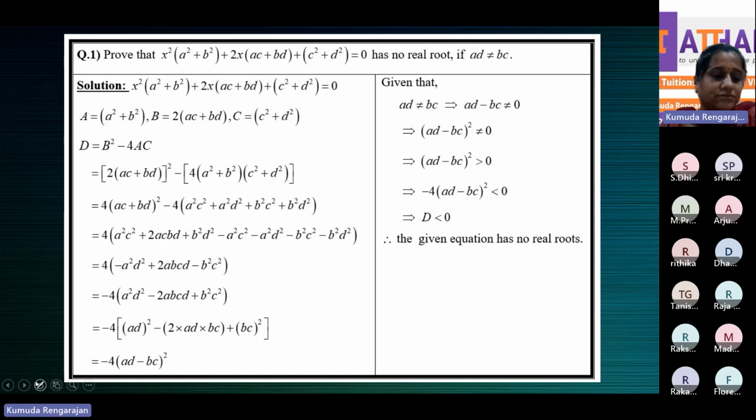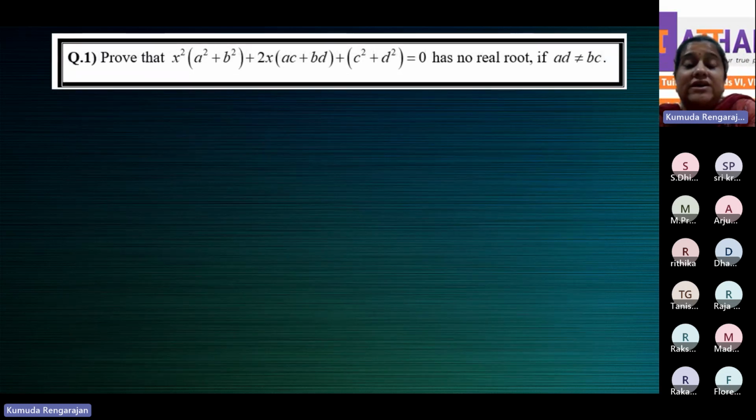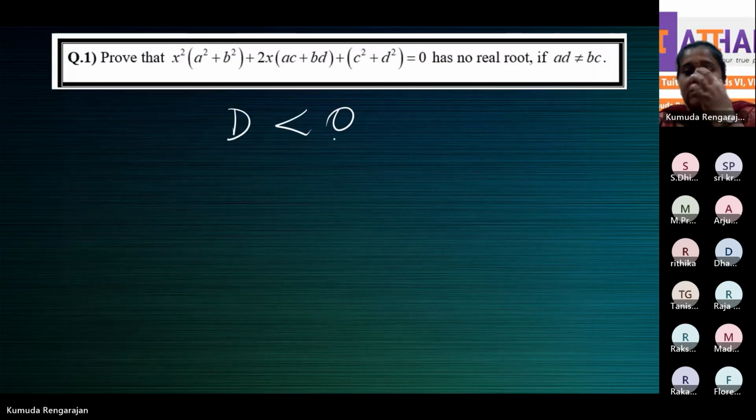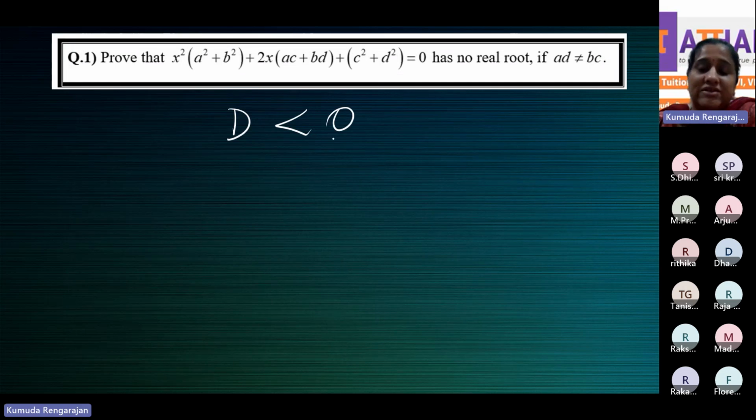So see here. To show that it has no real roots, you will have to find the discriminant. How will you say using the discriminant? If the value of the discriminant is less than 0, then you will say that the quadratic equation has no real roots.